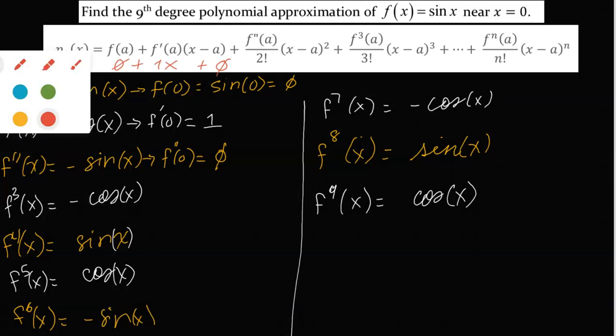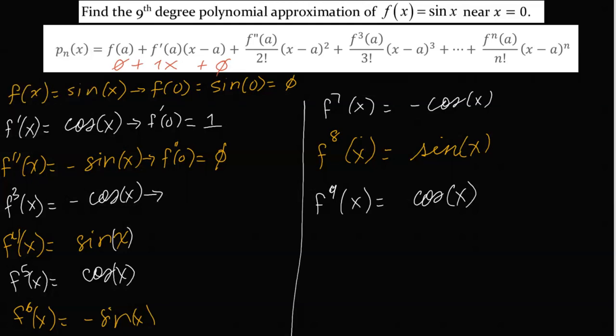And then next we will see that the third derivative evaluated at 0 is going to be negative 1.